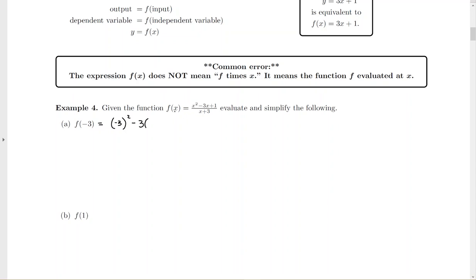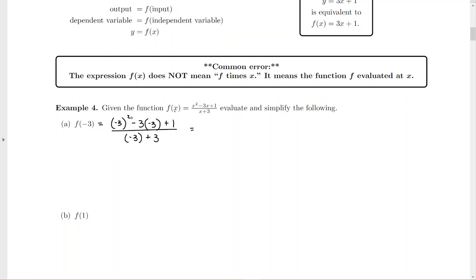So then again, take out the x, put in -3, and then take out the x, put in -3. Everything else is the same. Simplify the numerator first. If you need to, type it into your calculator. And if you're going to use your calculator, make sure you put in the parentheses when you do this.